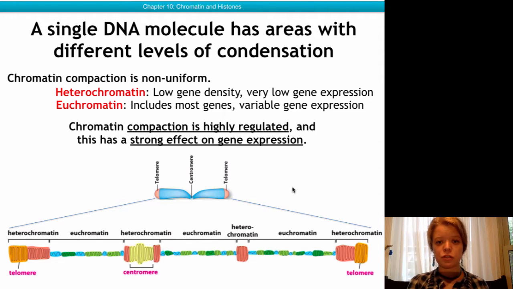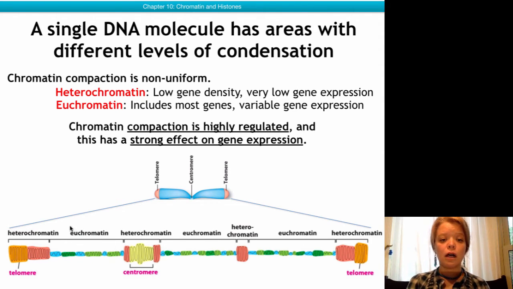And here's the picture of your typical chromosome. Now I put it on its side. Let's pretend it's not as compacted as it is here. Of course, every chromosome will have two telomeres and a centromere, and you can see them here. Both centromeres and telomeres are regions of highly compacted heterochromatin and usually host very few genes.